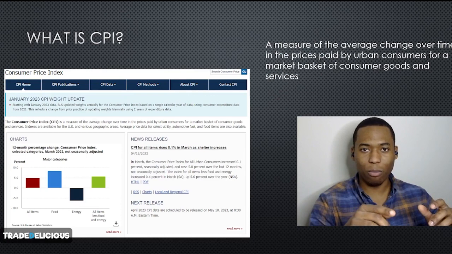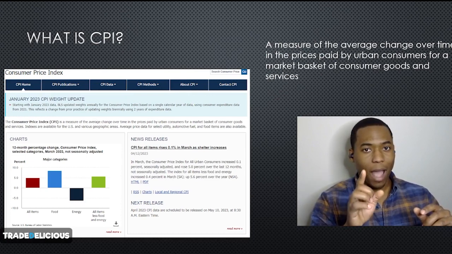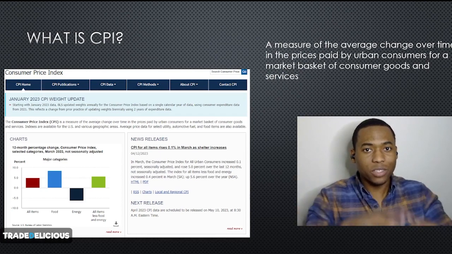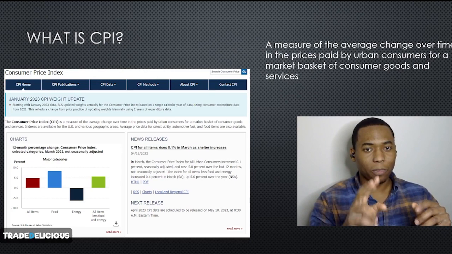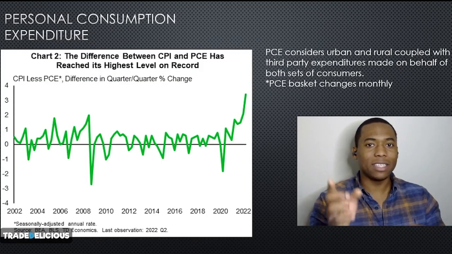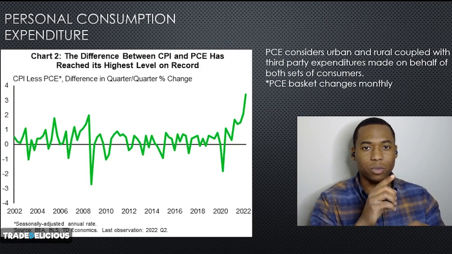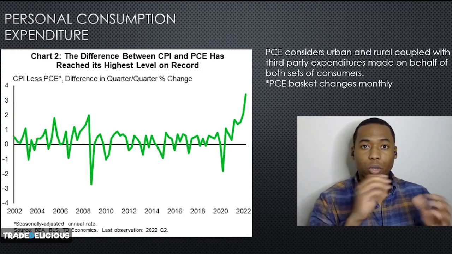We're going to break it down a little bit more here, but it's important to note, real quick, the market basket for CPI, the group of stuff that it's tracking, only changes every couple of years. That's a very important distinction from PCE. PCE is the other thing you'll see central banks use as a measure of inflation, personal consumption expenditure.